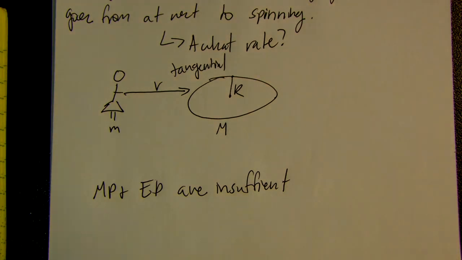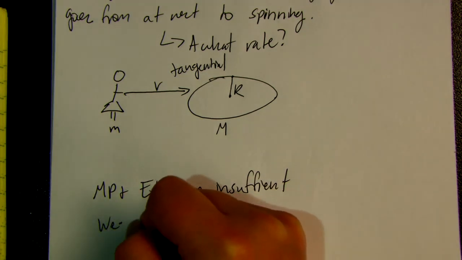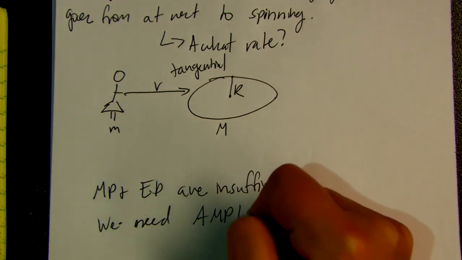I mean, we could get her from here to here using the momentum principle, but then she's at rest on the merry-go-round, but clearly is still moving, so the momentum principle isn't going to cut it. And the energy principle gives us basically nothing. Kinetic energy? Okay, so for this we need the angular momentum principle.